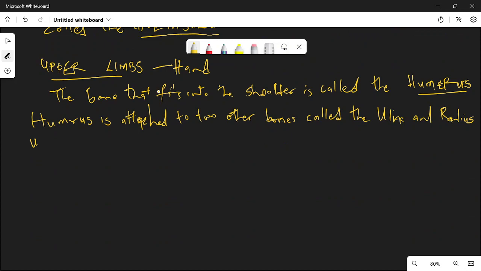So like I was saying, the ulna and the radius. Under the ulna and the radius, under these bones, we have the carpals.